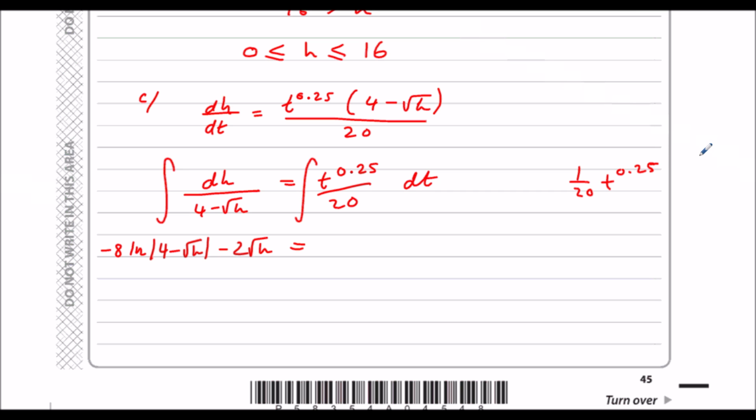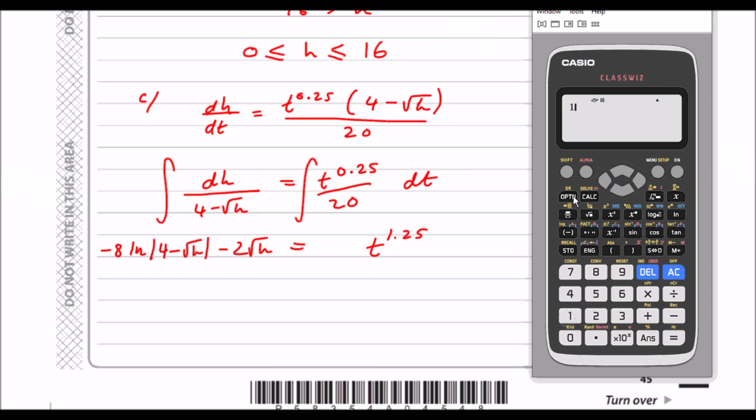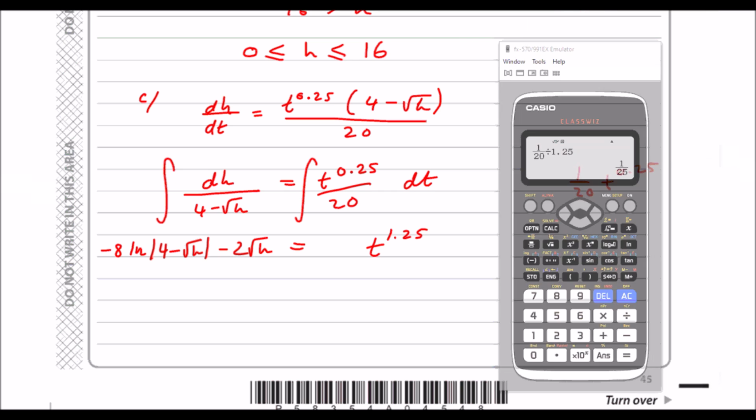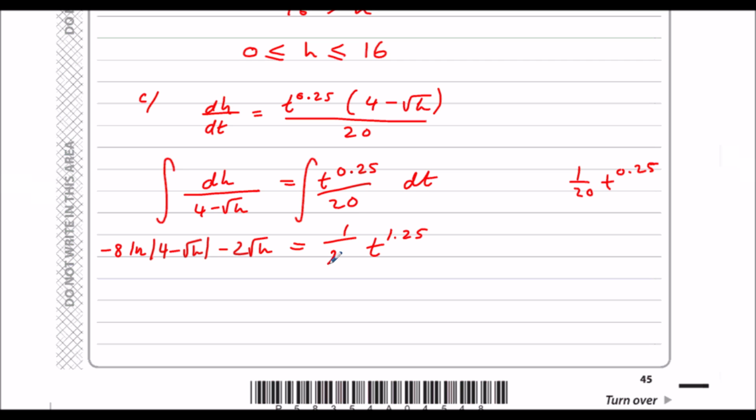We're going to add 1 to the power, so t to the power of 1.25, and then divide by the new power. So a 20th divided by 1.25, I'm going to put it in the calculator, is a 25th, and then plus c.